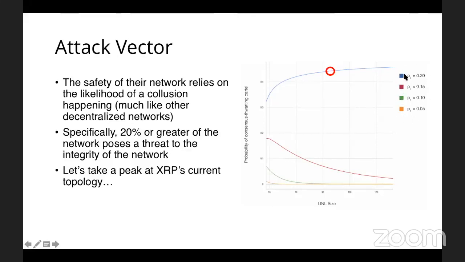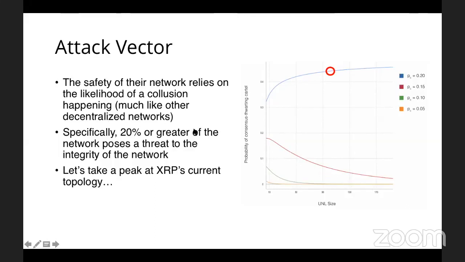So effectively it's saying, with this blue line, if 20% of the network has the capability to collude, as the network grows, there's a higher probability of consensus being thwarted by that cartel. If we have the probability of a collusion, so 15% or less of the network know each other, then we actually have a decreasing probability of this collusion happening as this network grows.